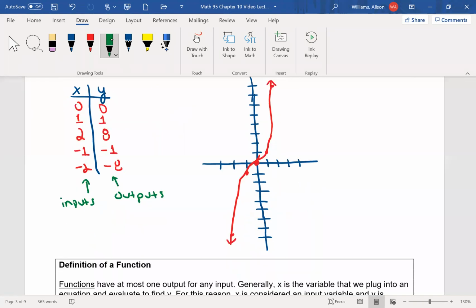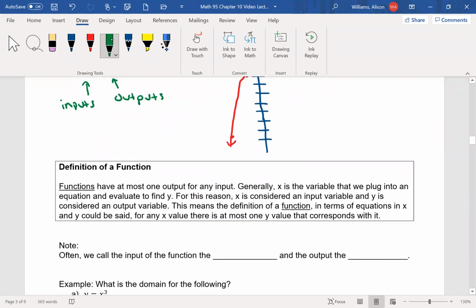So let's look at the definition. Functions have at most one output for any input. X is generally the variable we plug in, and Y is the variable we evaluate. X is considered to be the input, and Y is considered to be the output.